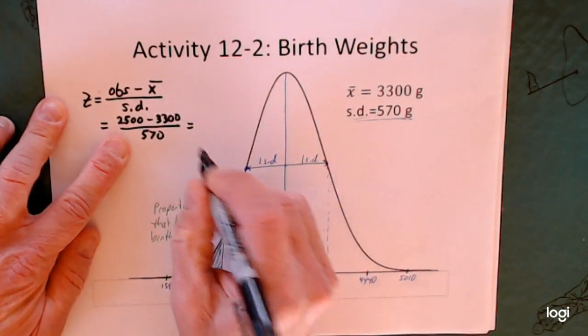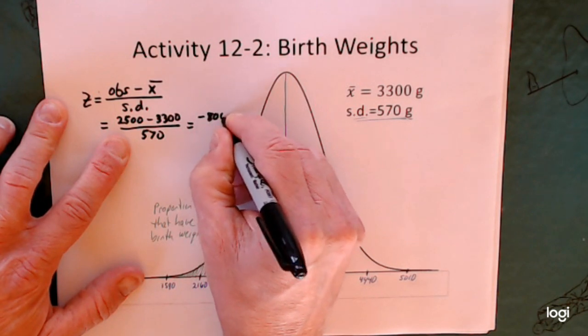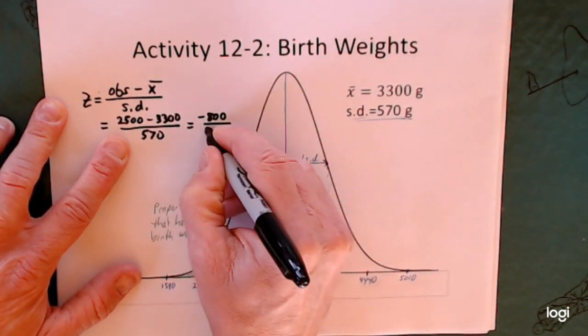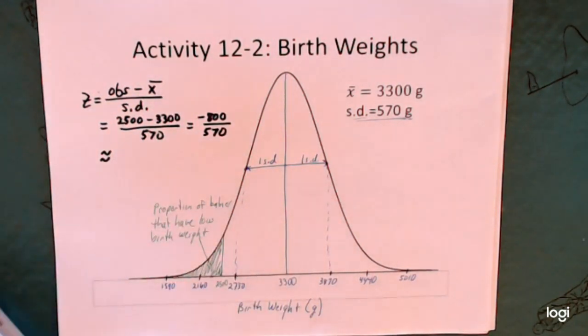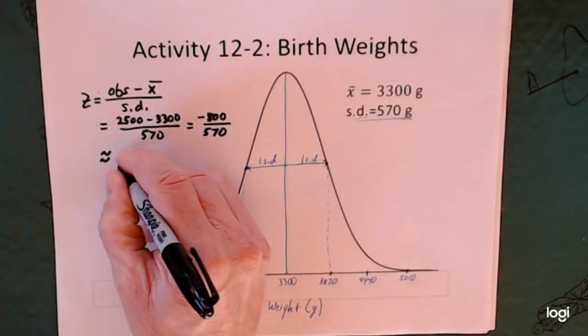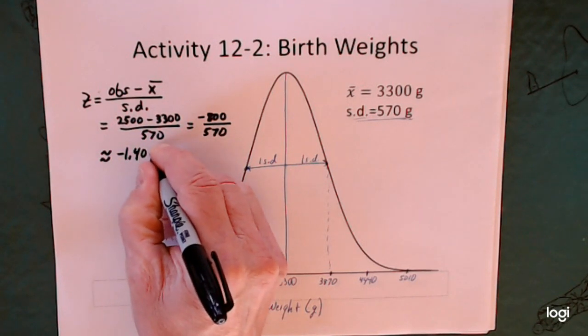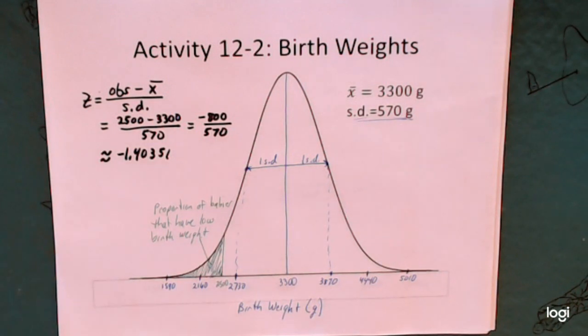If you're 2,500 grams, then you're 800 grams below the mean. Carrying out that division, negative 800 divided by 570 gives me about negative 1.40351. So that's my z-score, about negative 1.40.